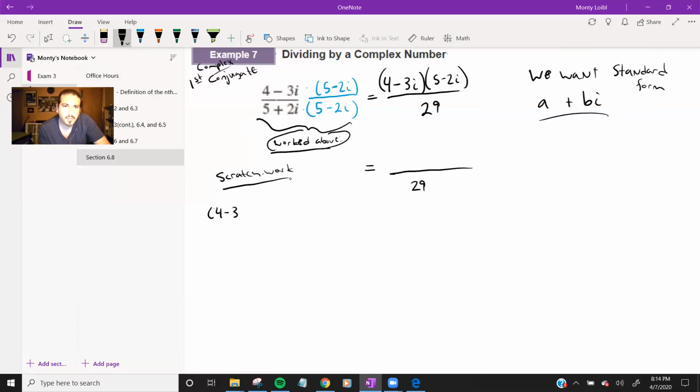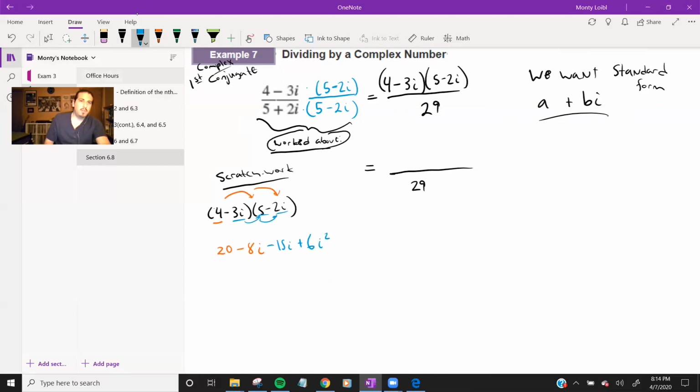Okay, so 4 minus 3i times 5 minus 2i. So again, distributing this, we'll have 20 minus 8i and negative 15i plus 6i squared.